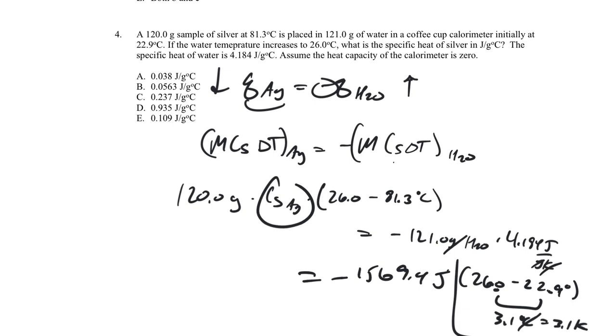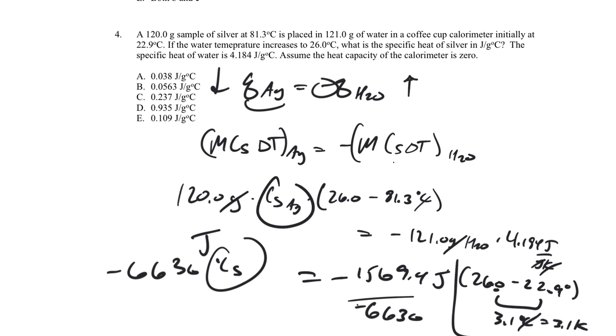And that's equal to 120 times, parentheses, 81.3, or I'm sorry, parentheses, 26 minus 81.3. So that's negative 6,063. Negative 6,636 times Cs. And that's the number of joules here again, because we're canceling out the grams and the degree C. And so I can calculate my Cs here just by dividing by negative 6,636.